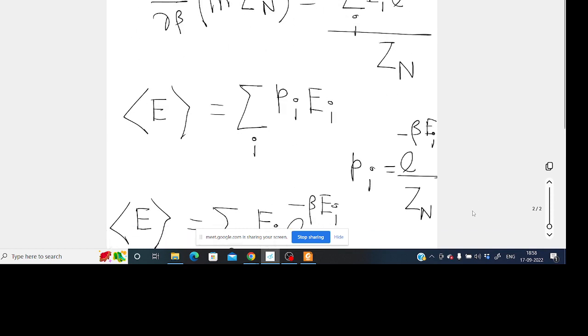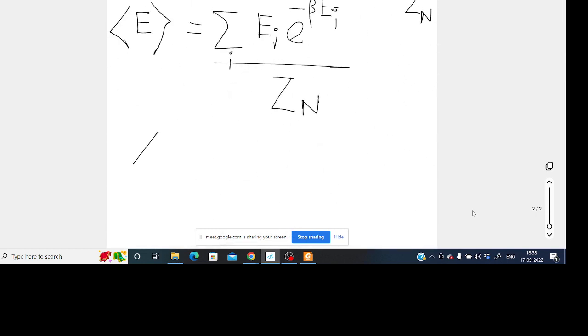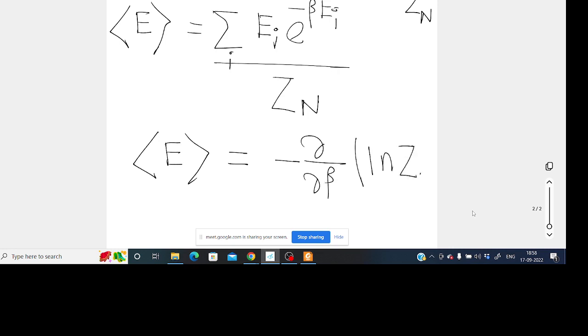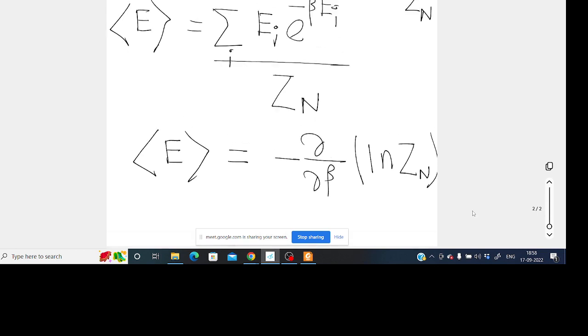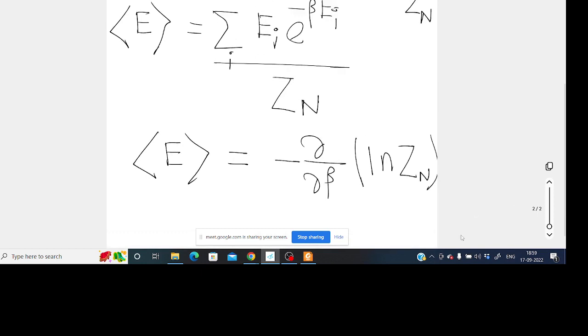So del beta of log Z is equal to minus average energy, right? So average energy is equal to minus del beta of log Zn. So this we have derived.